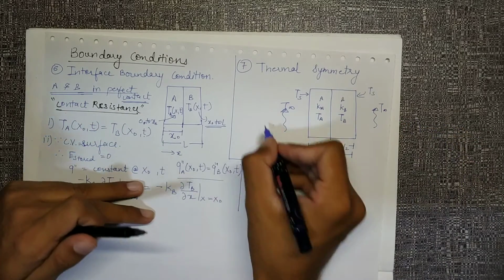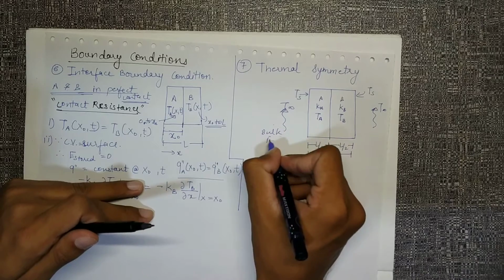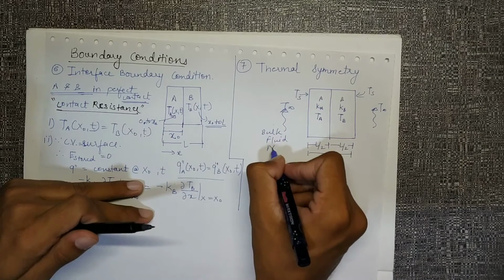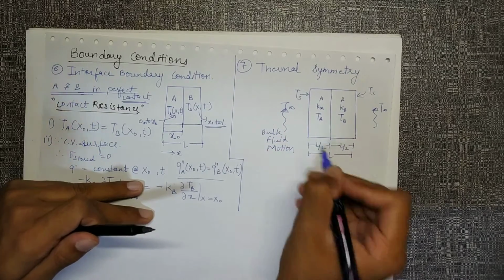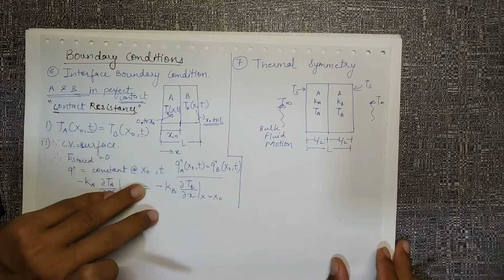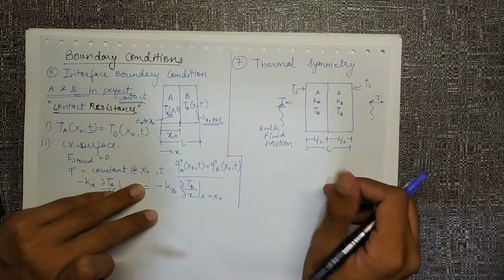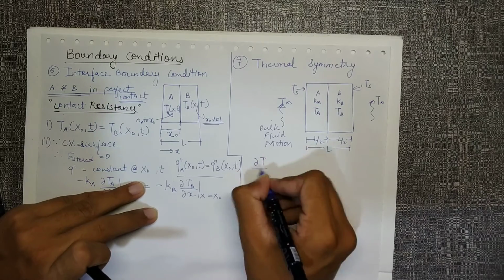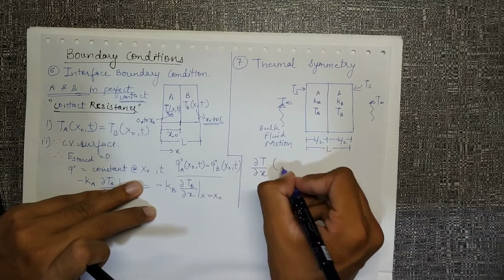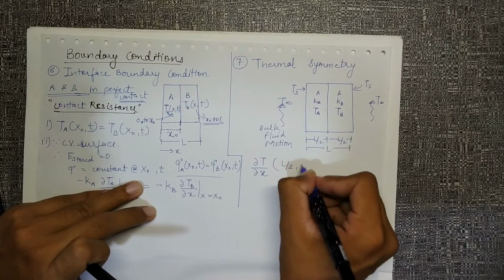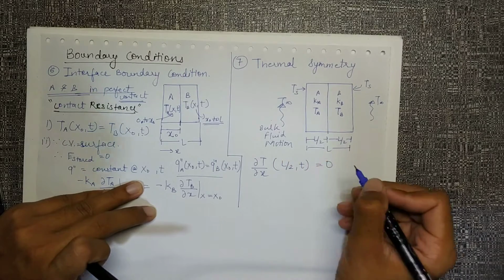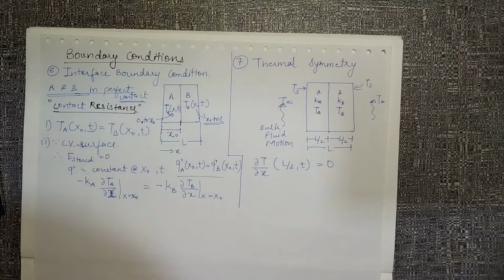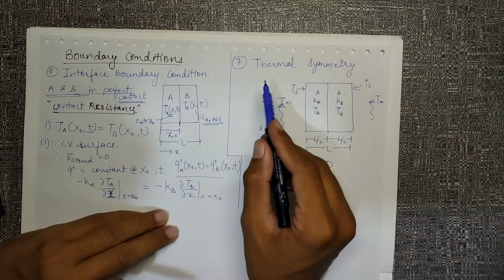There is a bulk fluid motion. That is what was happening when we assumed the convection boundary condition. So in this case, I'll write the boundary condition as del T by del x at L by 2, comma t, is equal to 0. What does that mean? I'm saying we have a thermal symmetry.